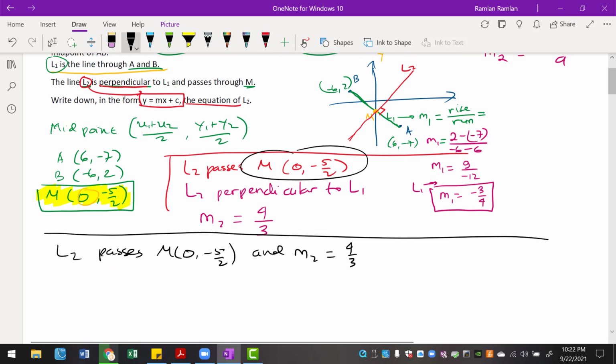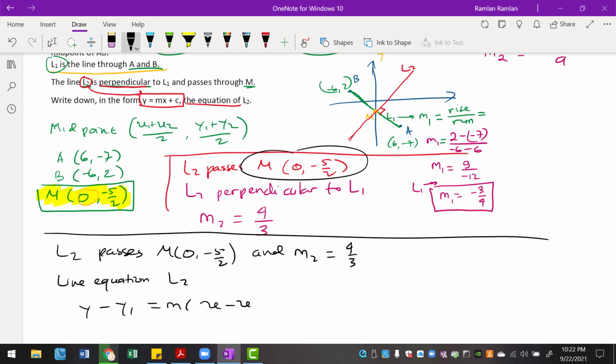So the line equation of L2 will be y minus y1 equals m times x minus x1. We only need to substitute, and because we are using M2, write an m2 here. So I'm going to write that down as y minus minus 5 over 2. This is x1 and y1.